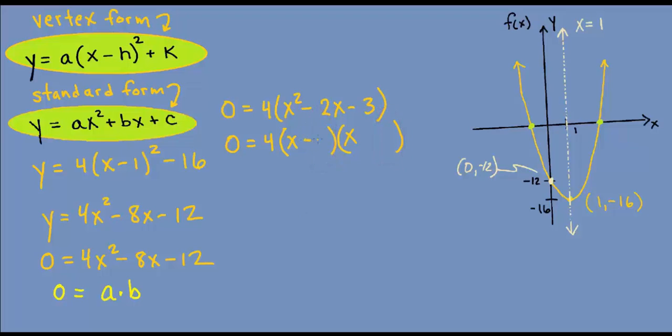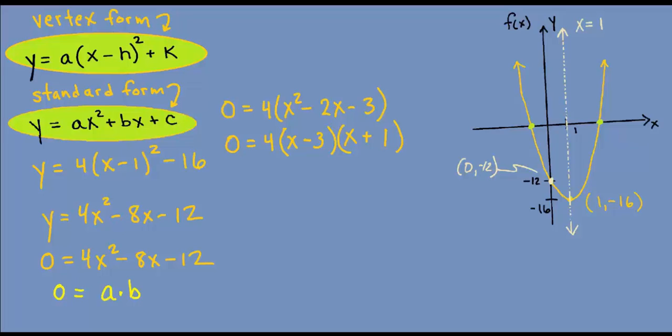Well, let's see. -3 times +1 does multiply to -3, and that adds to -2x. In other words, if I FOILed this out, it would give me this. So I have factored my standard form, and I have now written this quadratic in what we call X-Intercept form.